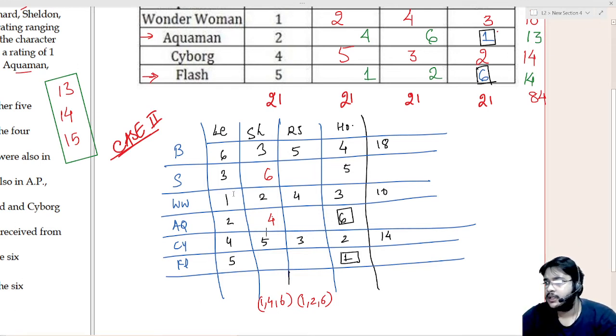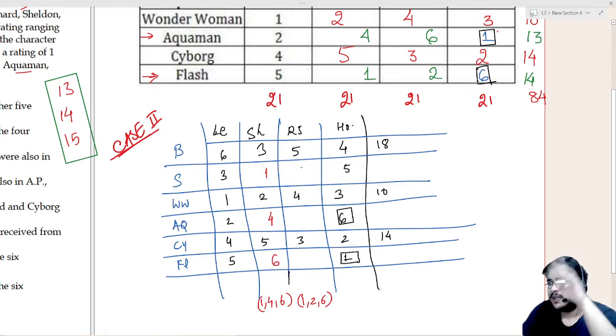I think I have made a mistake. Because 1 cannot be there, I've just seen 1 cannot be there. So let me reverse this, and I can put a 1 over there, and 4 let's keep over here only, because where else will you put 4? 6 you cannot put in this position, so 6 invariably comes in this position.